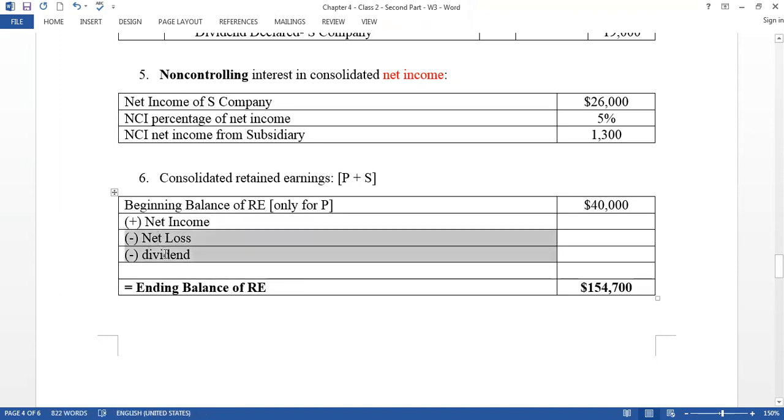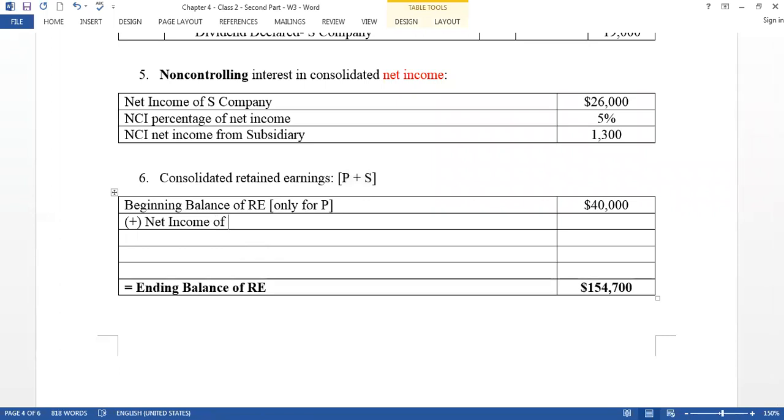Now remember what happened in our question. Because it is net income, look at it. Net income should be P plus S. So the net income of P company, and we have another net income of S company.